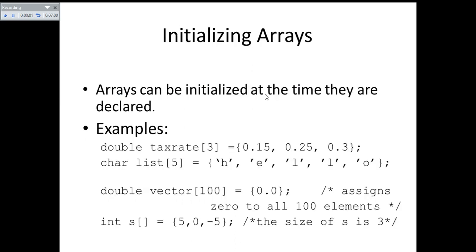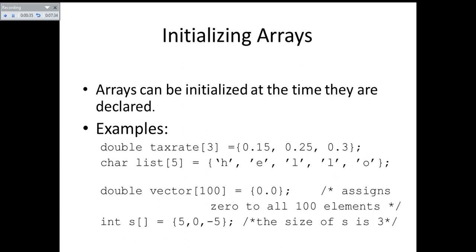Now let's see how to initialize arrays in C programming. Arrays can be initialized at the time they are declared. Example: double taxrate[3] = {0.15, 0.225, 0.3}. The array is of type double, its name is taxrate and its size is 3, so it can store up to 3 values, and the values are also initialized with 0.15, 0.225 and 0.3.